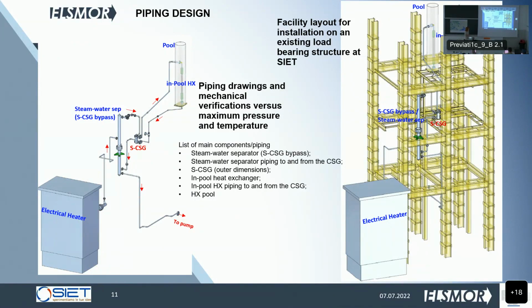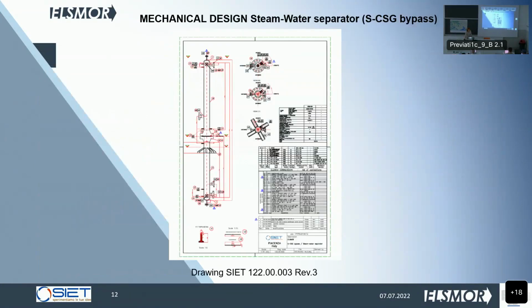Then we have other piping, not represented in this slide, that goes to the pump and back to the electrical heater. We have already existing infrastructures. So what we are going to do is to connect this new loop to our infrastructures. This is relatively easy for us because we already have very big infrastructures, and so only new parts are going to be installed.